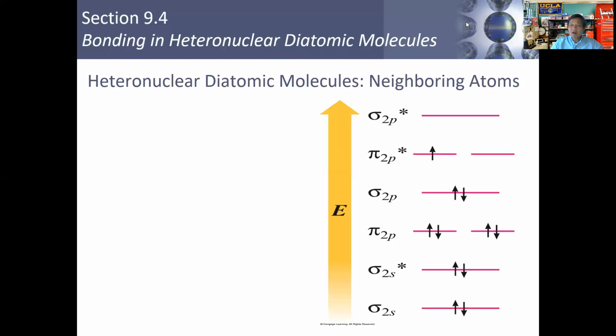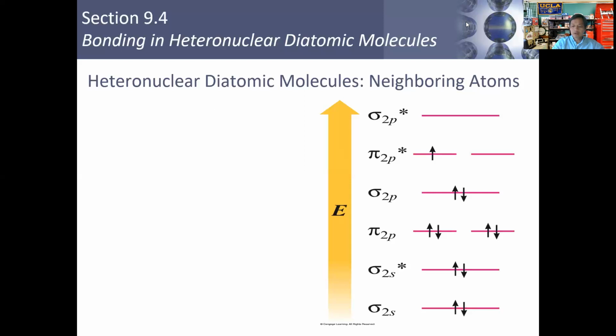But most of the bonds that we talk about when we deal with molecules are made up of atoms that are not the same, what we refer to as heteronuclear bonding. So what we want to do is examine them. How can we determine the energetics of heteronuclear interactions, that is, interactions between atoms that are not the same?